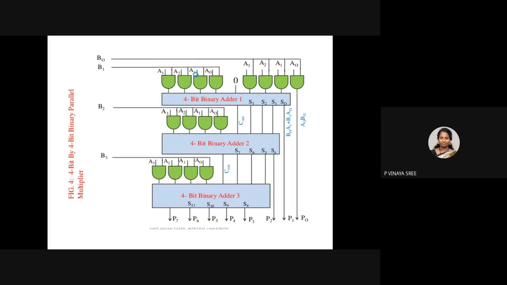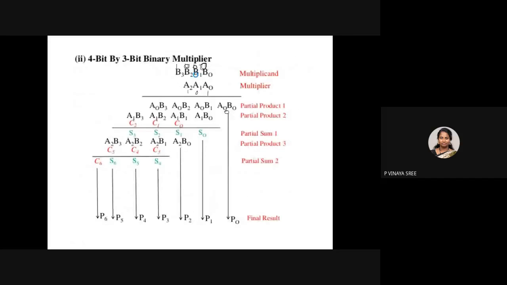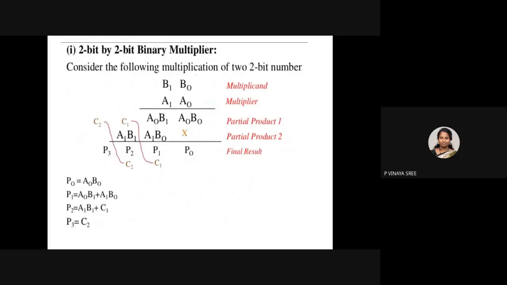The same process needs to be applied. Let me write here B0, B1 as the multiplicand and A0, A1 as the multiplier.